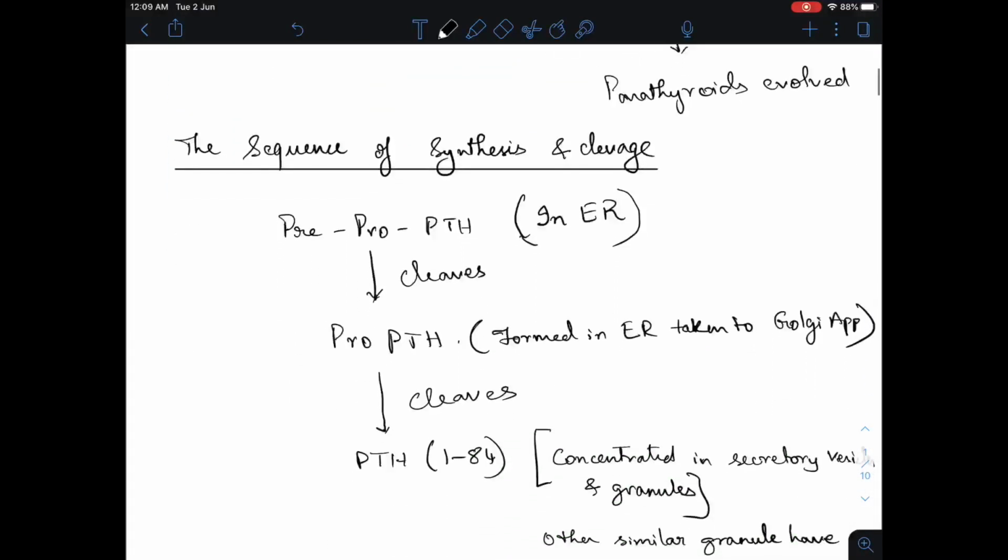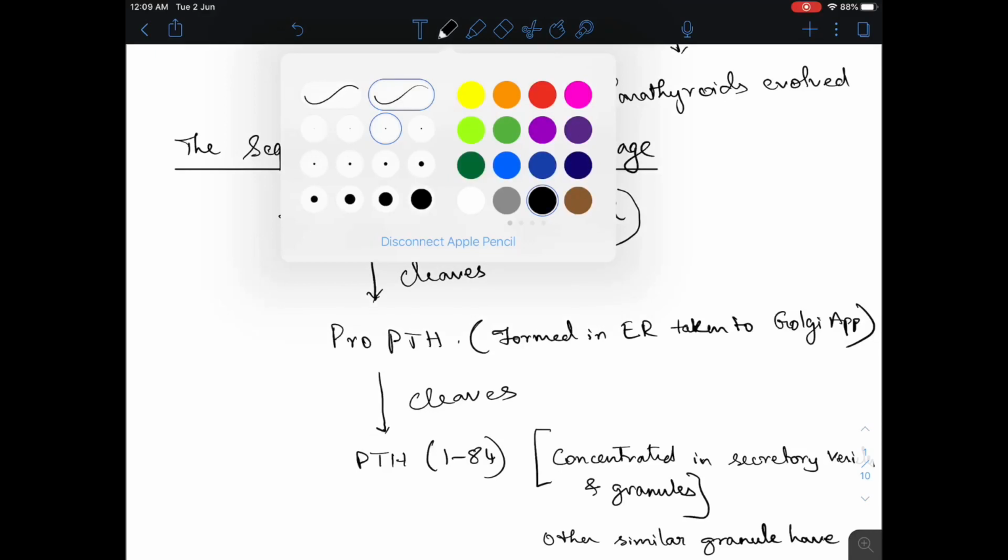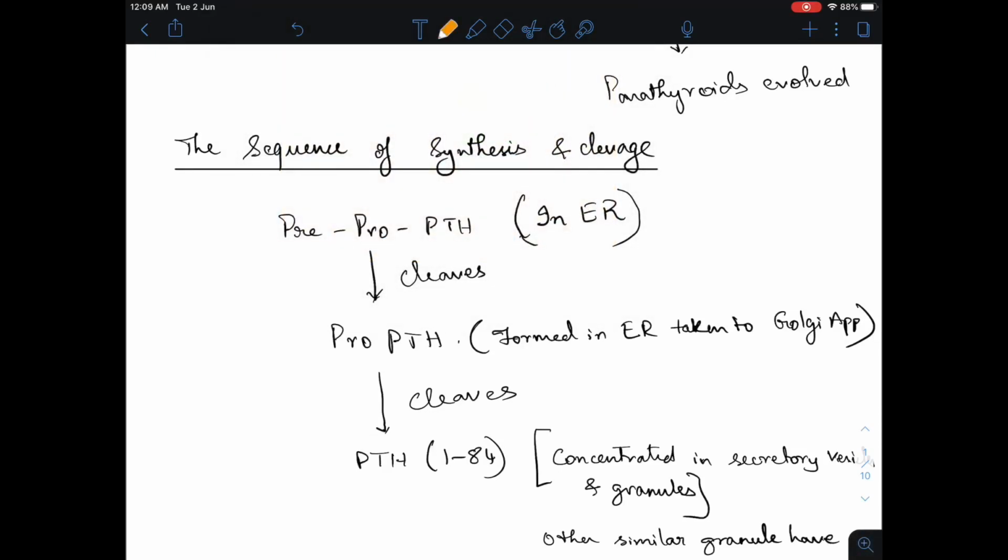So coming here, the sequence of synthesis and cleavage of parathyroid hormone is from the nucleus. Okay, the mRNA comes out, synthesizes the pre-pro parathyroid hormone. It goes into the endoplasmic reticulum through a carrier protein.